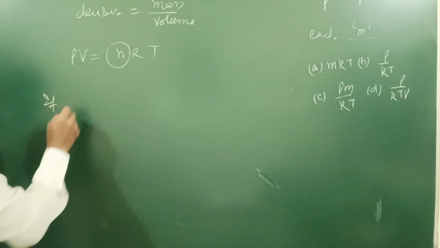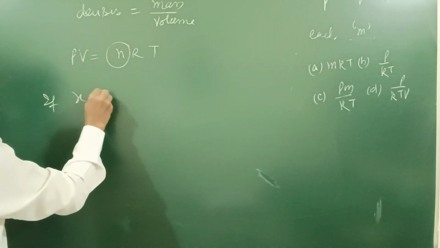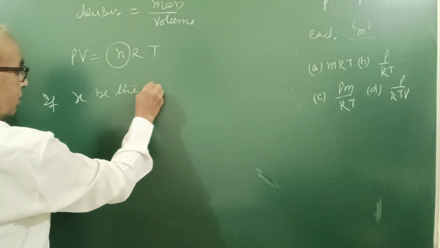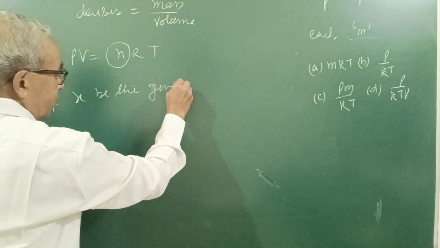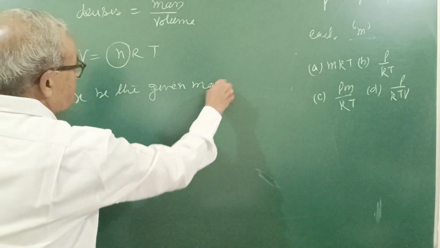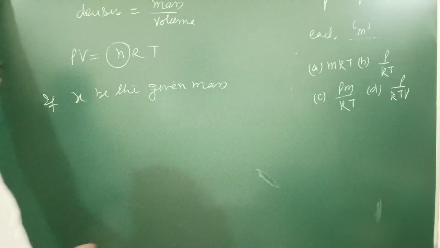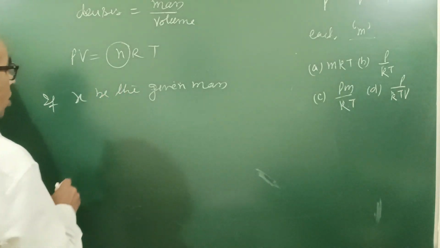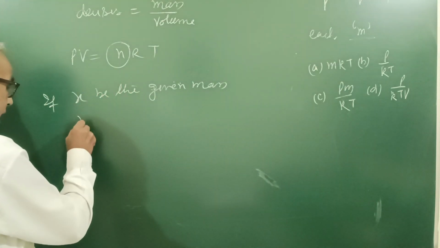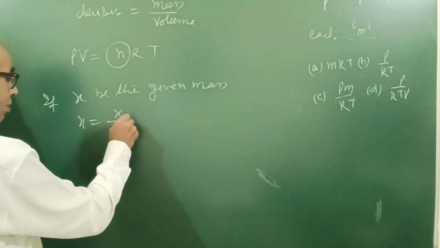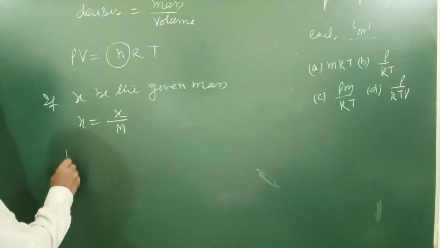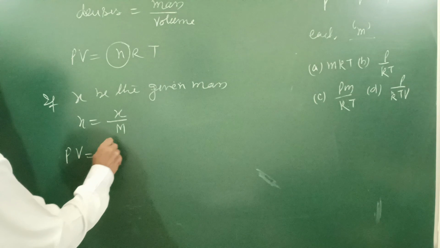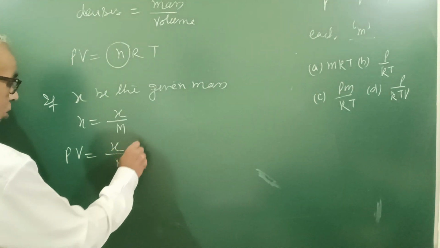If X is the given mass, then n will be X upon capital M. So PV equals X upon capital M into RT.